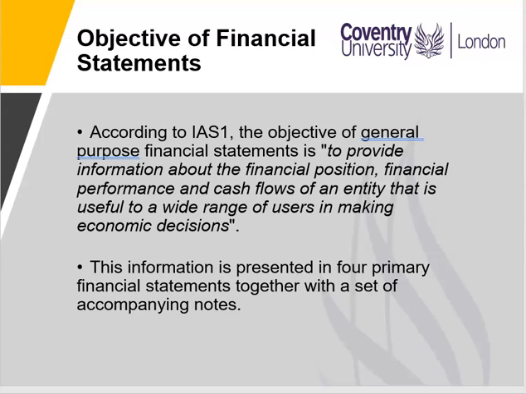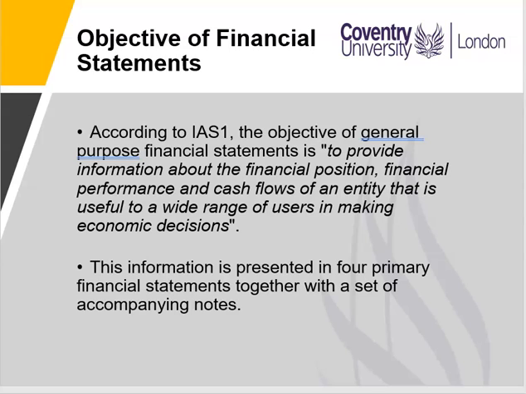Again, we discussed this last week when we mentioned that the users are varied, and therefore the financial statements must provide information about financial position, which is usually called the balance sheet, a snapshot or a photograph of the financial affairs of a company or an entity at a particular point in time.